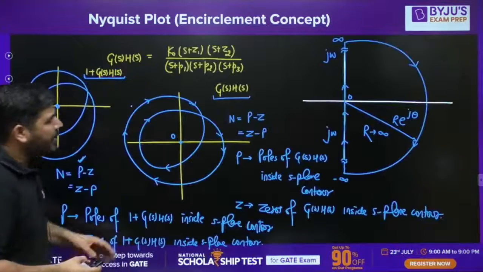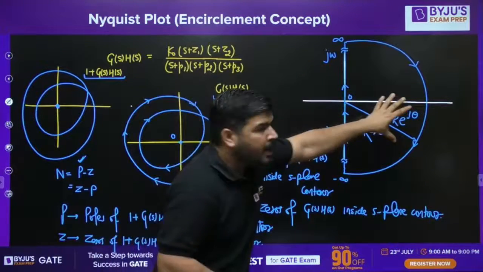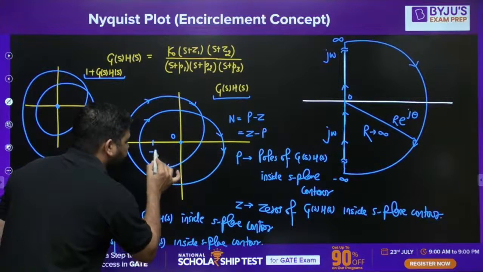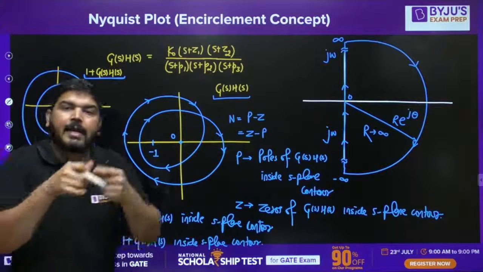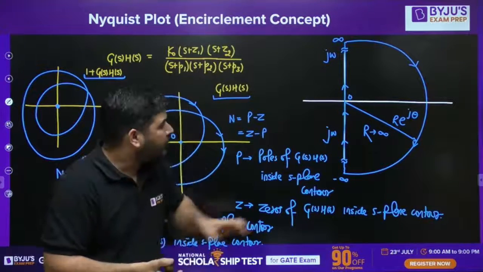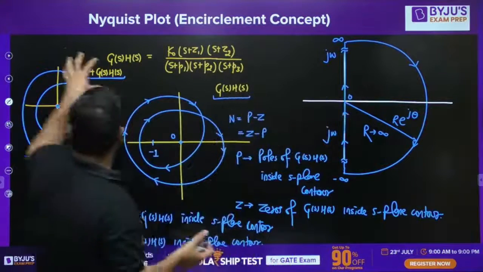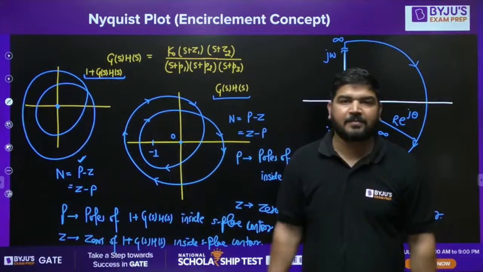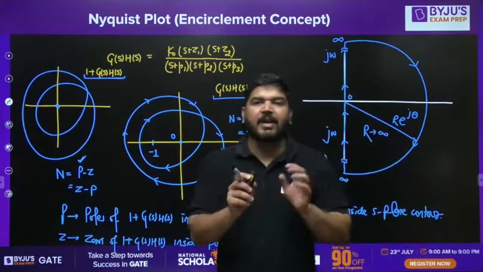If you are mapping the entire S-plane contour into G(s)H(s), and you are looking at the encirclement of -1, it is the same thing as mapping this S-plane contour into 1 plus G(s)H(s) and looking at the encirclement of the origin. It's the same thing. Okay? So you have to be very careful.